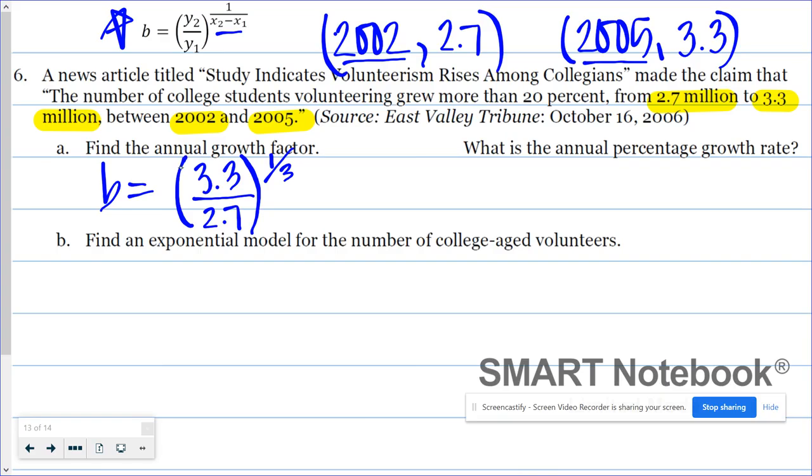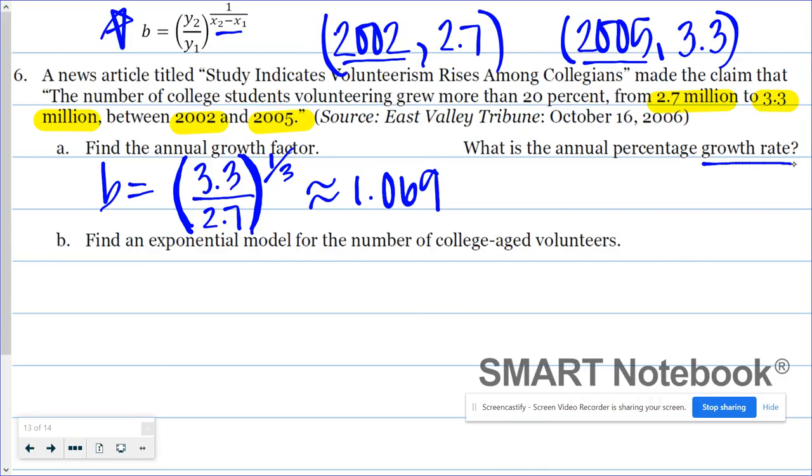On your calculator, you should definitely put all fractions in parentheses. So in parentheses, type in 3.3 over 2.7, hit that caret button, and then in parentheses, put your 1/3. The calculator figures this out properly, and we end up with a change factor of 1.069.